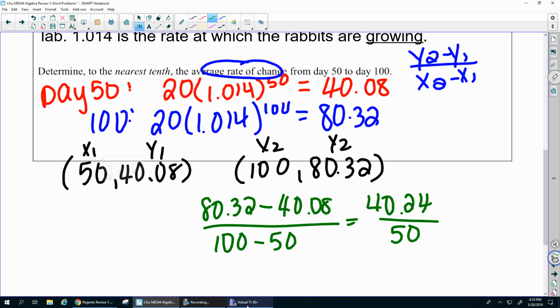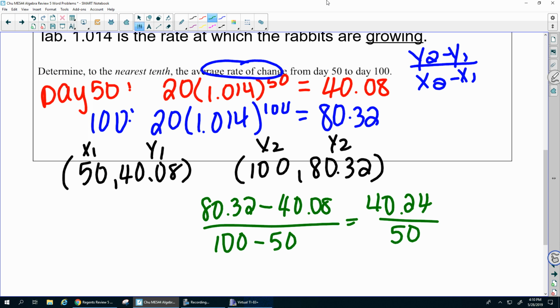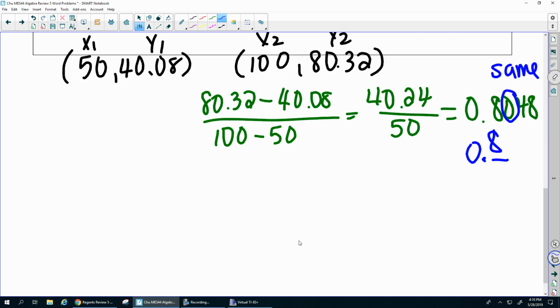So let's divide by 50, and I get 0.8048. The problem says round to the nearest tenth. To round to the nearest tenth, I need 1 decimal place. So I need to decide what to do with the 8. Either keep it the same or round it up. The 0 tells you to stay the same. So, put an 8 there.